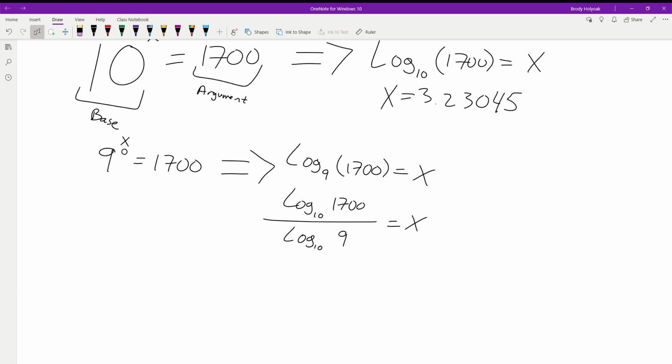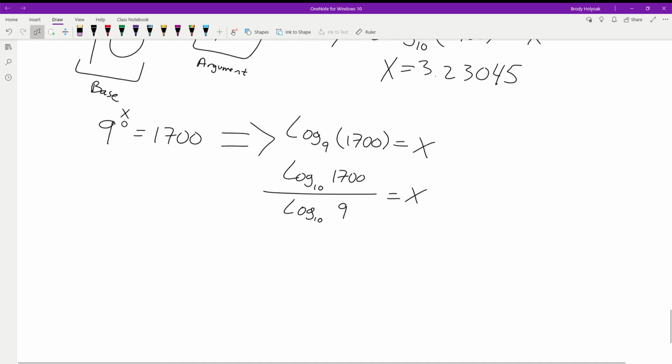We can solve, if we have log base 10 of some number is equal to 3. Basically, what is this saying?